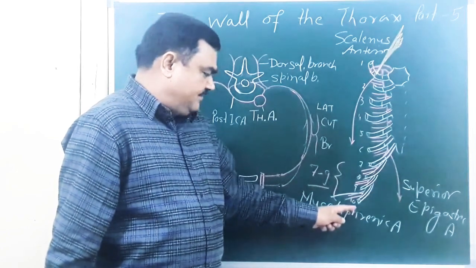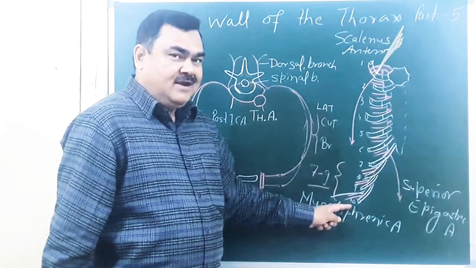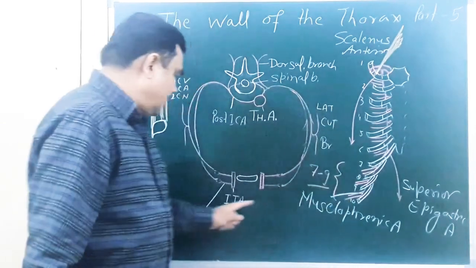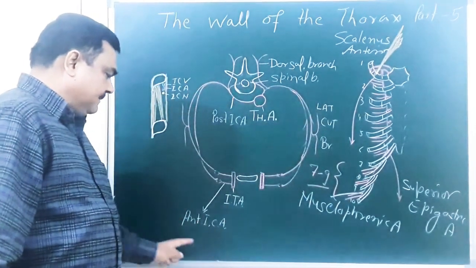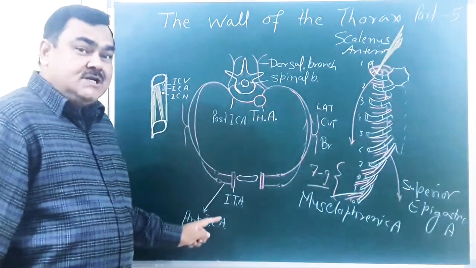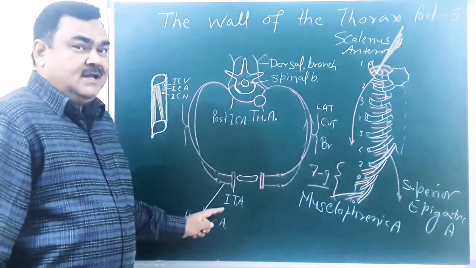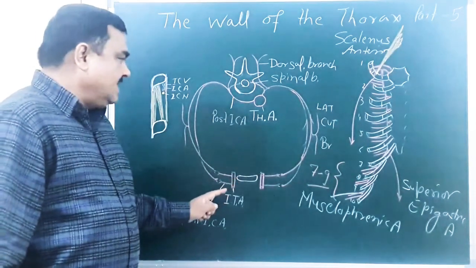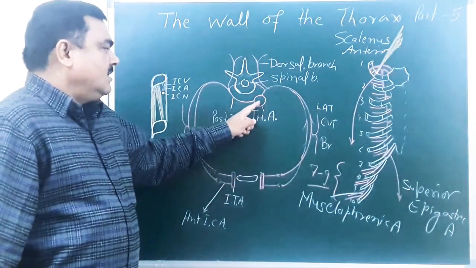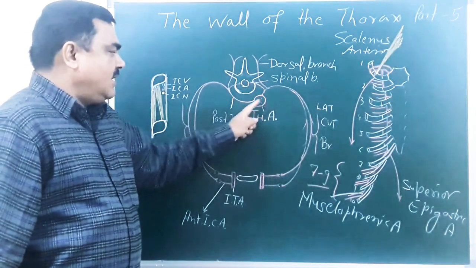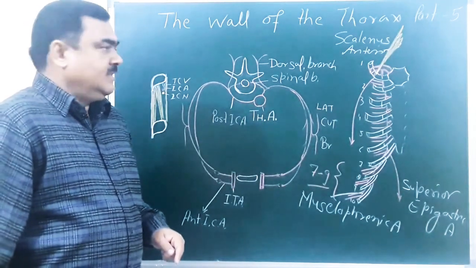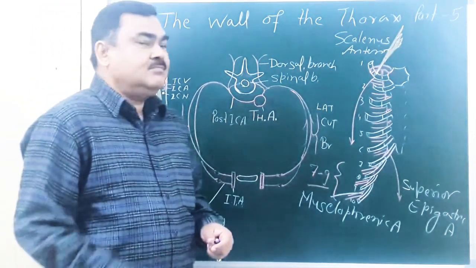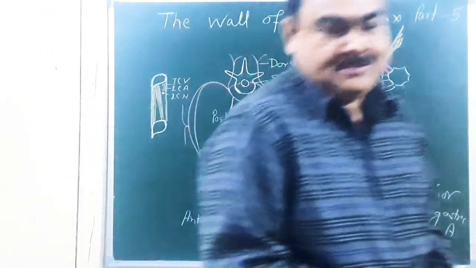Below, in the 10th and 11th space, there is no anterior intercostal artery, but the posterior intercostal arteries in the 9th and 10th intercostal space are present. These are branches of the descending thoracic aorta. So this is all about the wall of thorax part 5. Thank you.